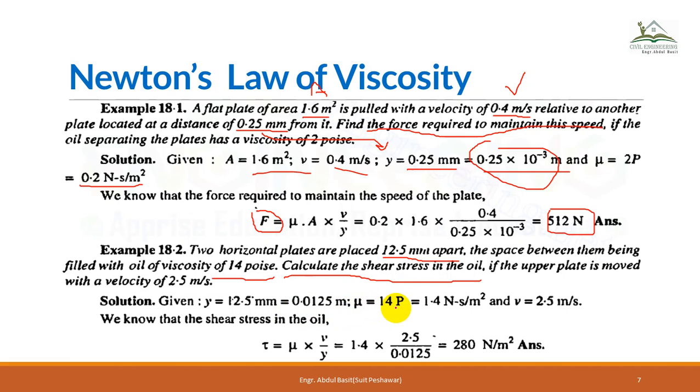Mu is again 14 poise divided by 10, you will get 1.4 Newton seconds per meter square. This V is given in meters per second, no need to convert it. By putting the values, tau is equal to mu V divided by Y, with mu equal to 1.4. So this will be the form.